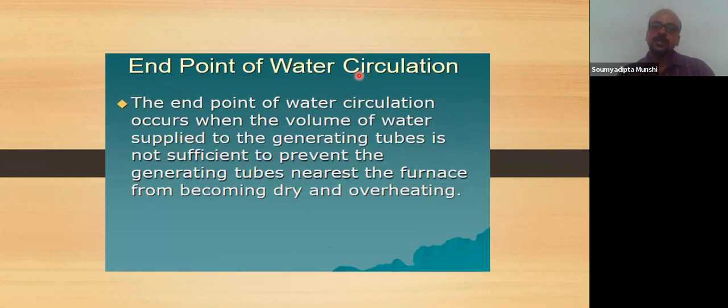And the third one is the end point of water circulation. The generating tubes are always surrounded by hot gases. A time can occur when the water circulated through the downcomer to the generating tubes is not sufficient to reduce the temperature of the generating tubes.